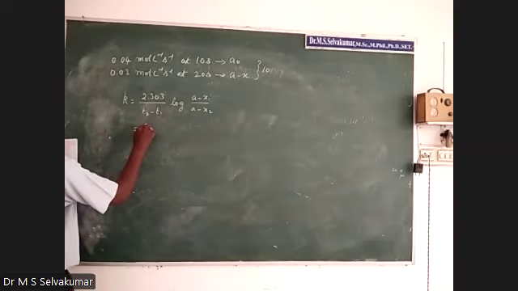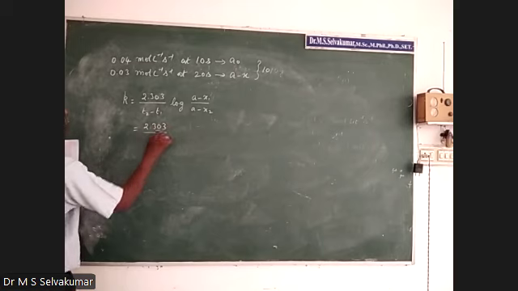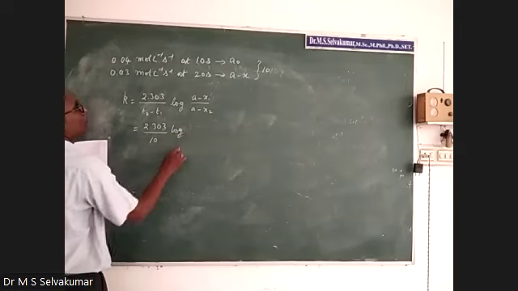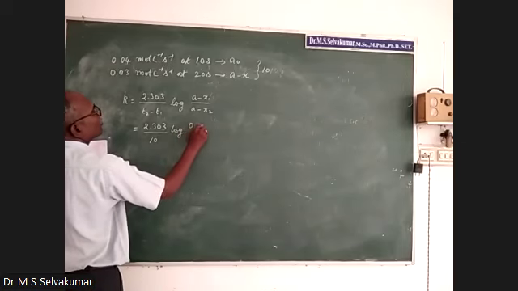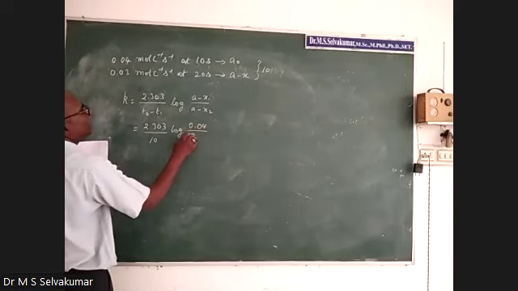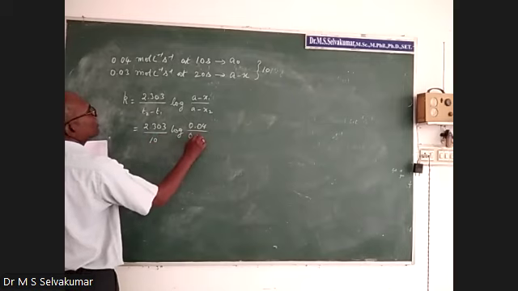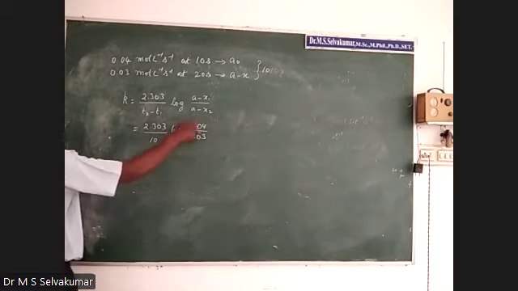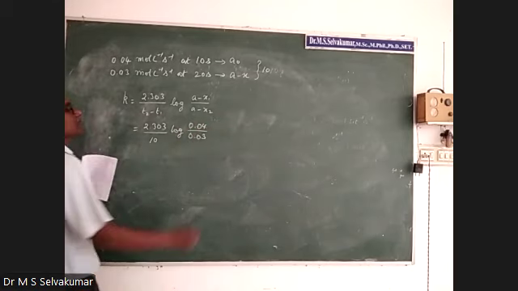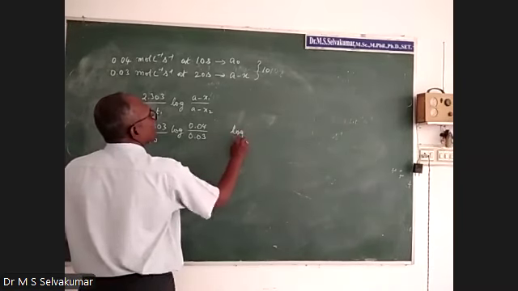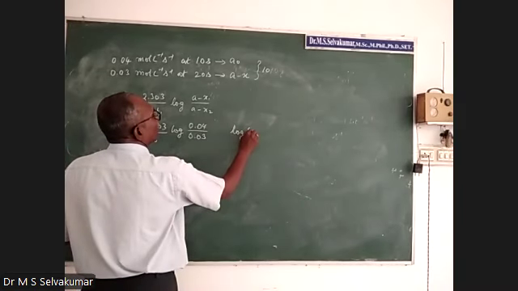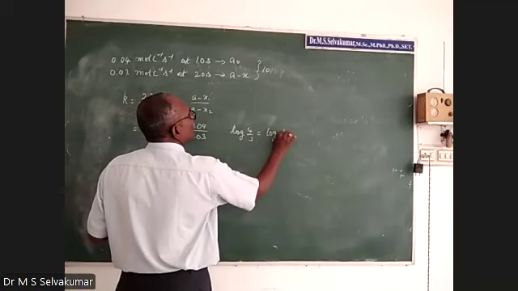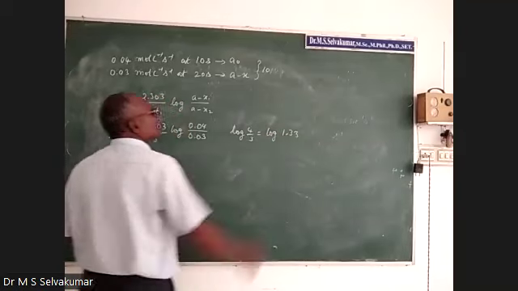So this is equal to 2.303 divided by 10 seconds, log of initial concentration 0.04 over the concentration remaining after 10 seconds, 0.03. So it is log of 4 by 3, which is equal to log of 1.33.